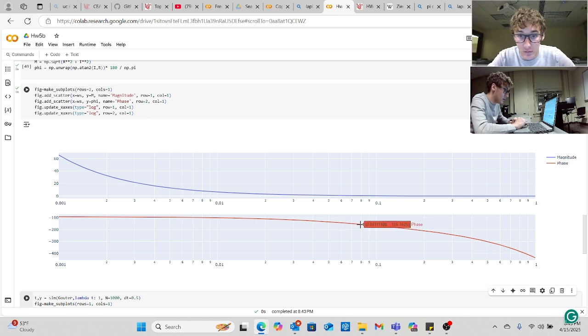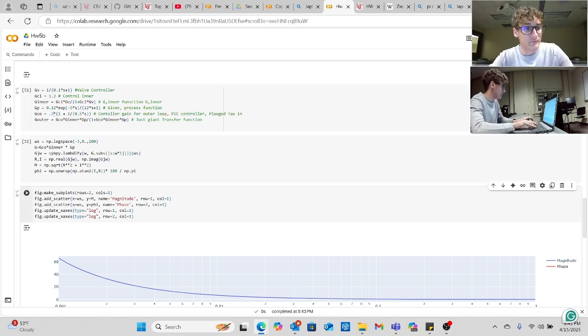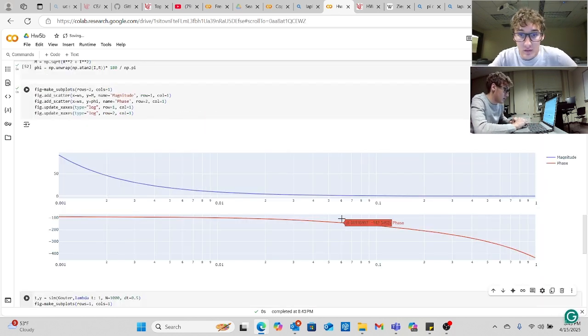So we go 0.705. All right, right about there. 0.7, in between. Now it's 0.7. So let's do 0.7 now. 0.70.